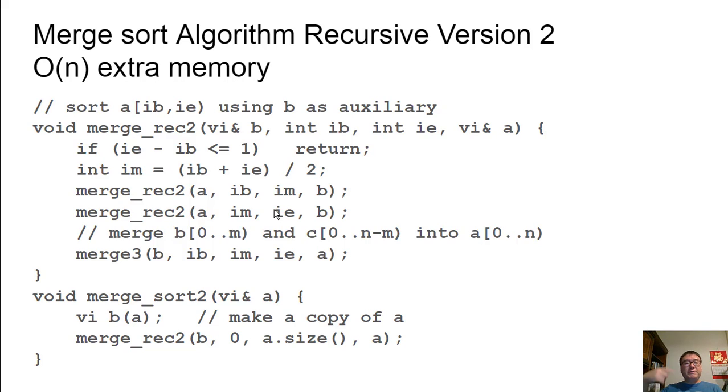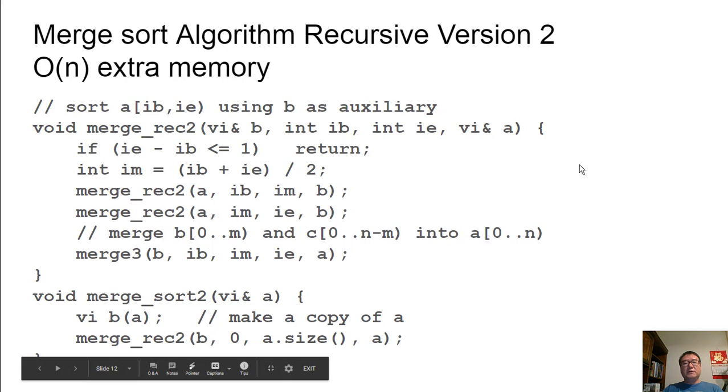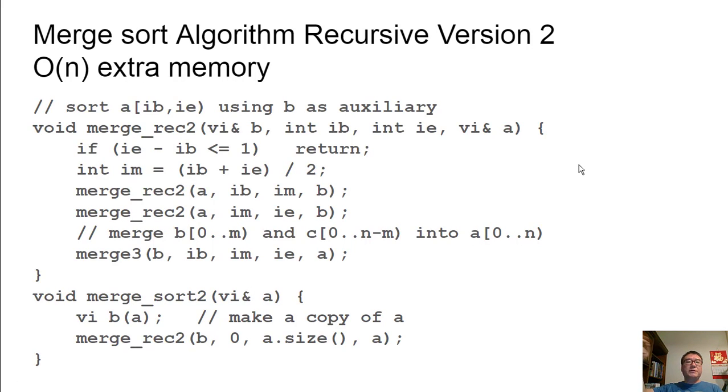So we are jumping back and forth between these two arrays that are given here and created here. So we'll merge two elements into the second array, and then we'll merge two and two elements from the second array into the first, and then we will merge 4 and 4 elements from the first into the second, back and forth, and so on.